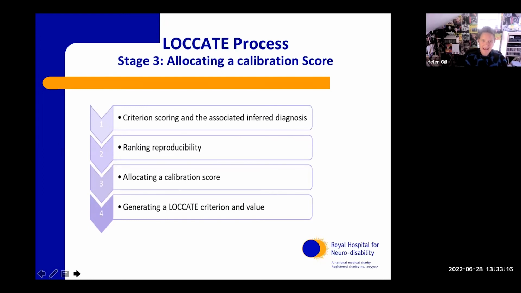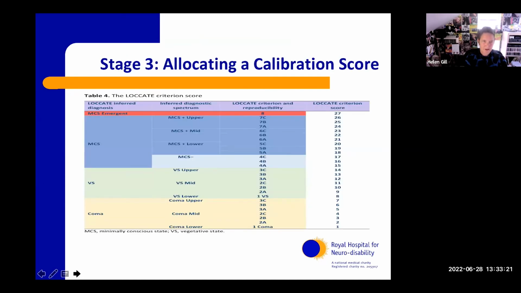So now we can allocate a calibration score. As you can see here, on the left you've got the LOCCATE inferred diagnosis, the spectrum we've talked about. We start at the bottom with COMA 1, then mid is 2A, B, C, and so on up to 7C and then 8.